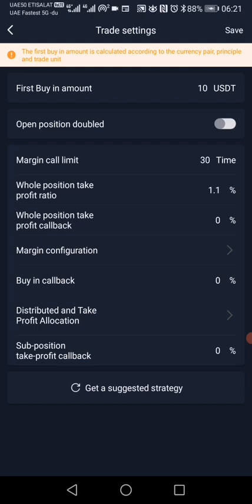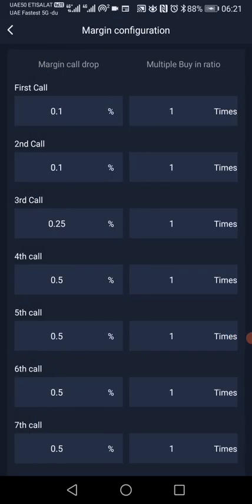So now we move to the main engine, which is the margin configuration. I will relate it to the distribution and take profit allocation. I'll be going between those 2 pages to explain these 2, because this is where the engine of this robot is, where the main information is handled. Here you see the margin call drop, then the multiple buying ratio.